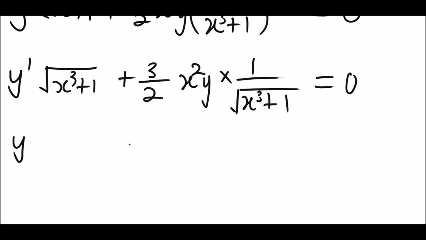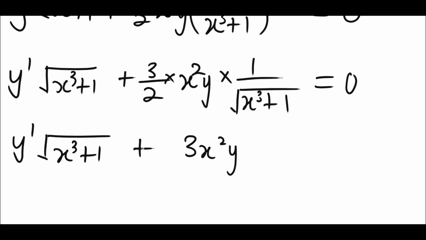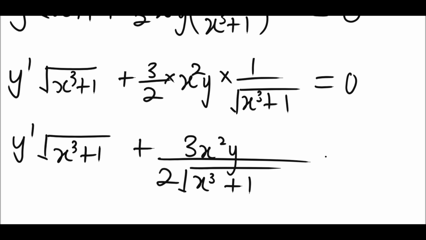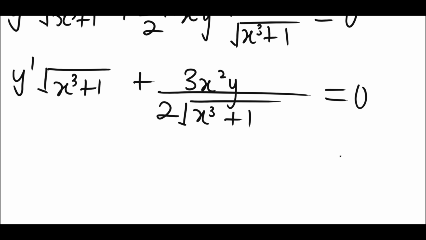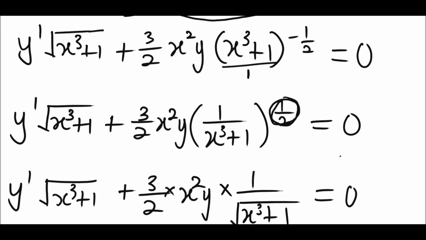So in this case, we are going to get y prime multiplying the square root of x cubed plus 1 plus, then we simplify this. The numerators will multiply each other. So we are going to get 3x squared y divided by 2 multiplying the square root of x cubed plus 1 equal to 0. All right. So now what are we supposed to do? We just need to transpose, since we are to show that, let's go back to the question.